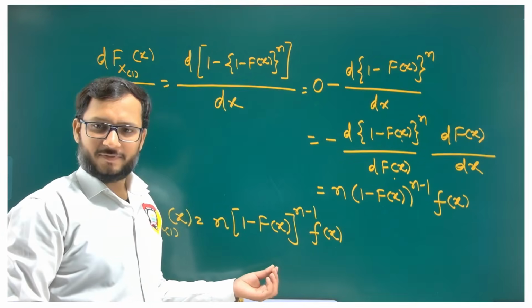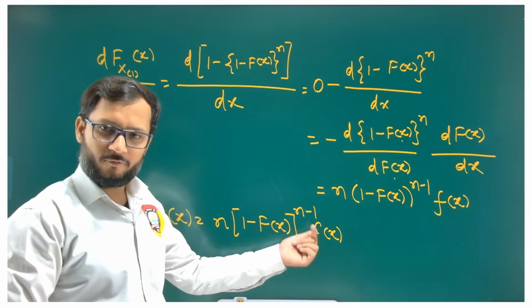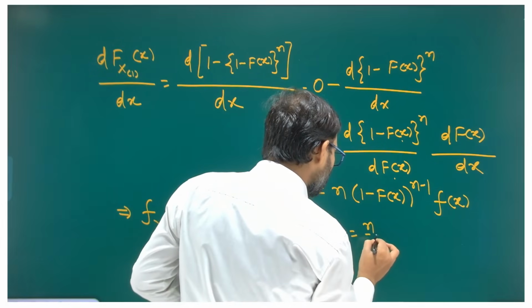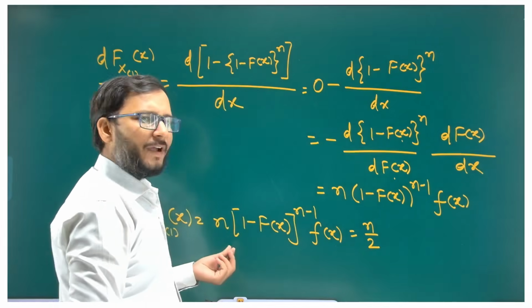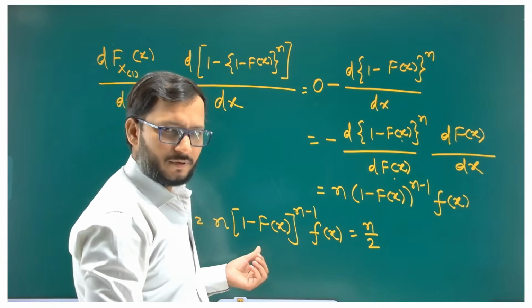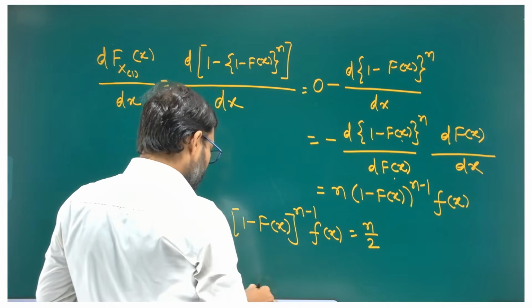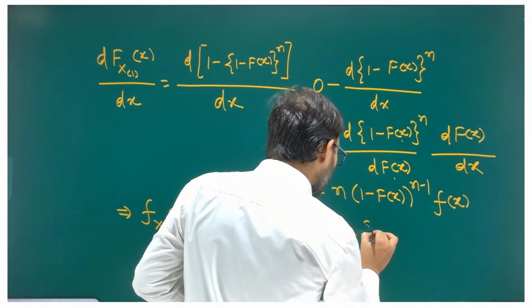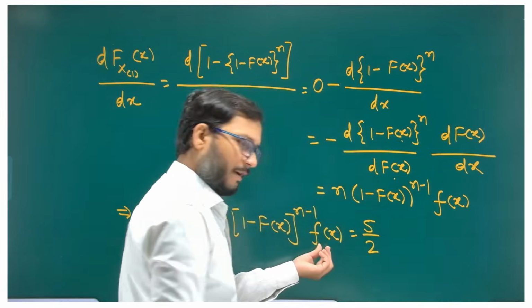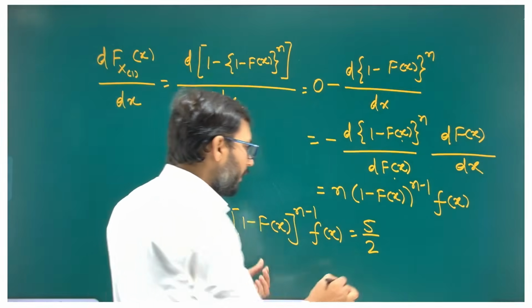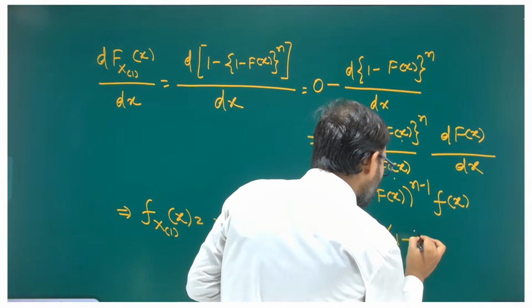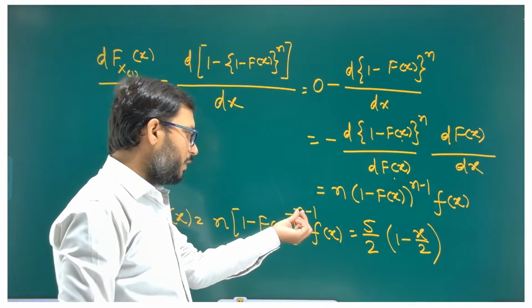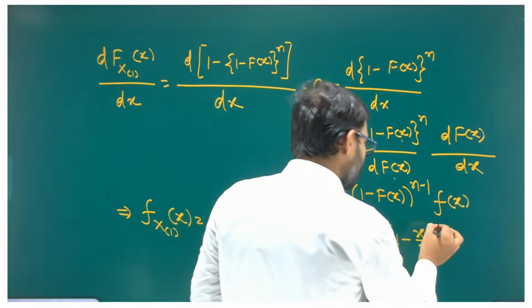Now the capital F(x) value we have already got, and small f(x) we know is 1 by 2. So this becomes n by 2, and the value of n here is 5. So this is 5 by 2 times 1 minus x by 2, to the power 5 minus 1, that is 4.